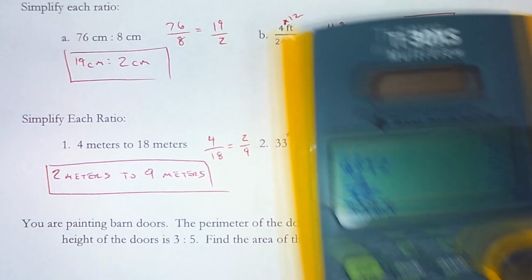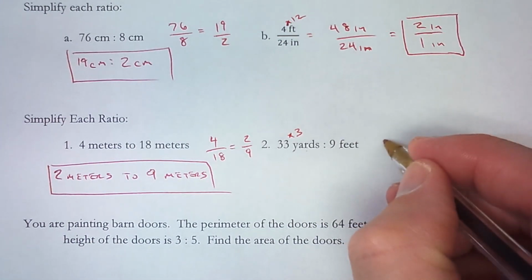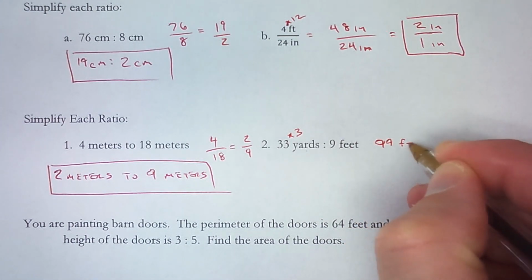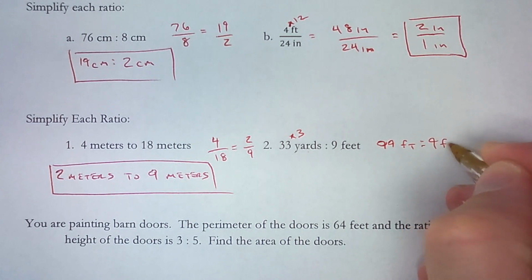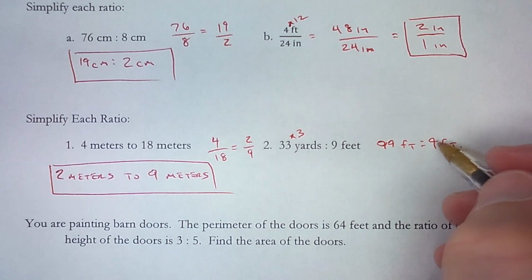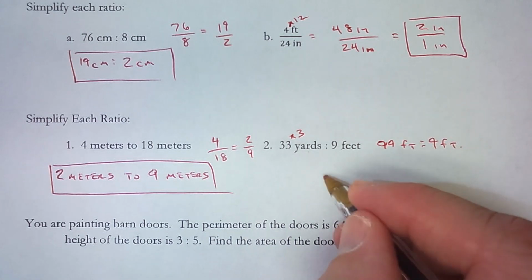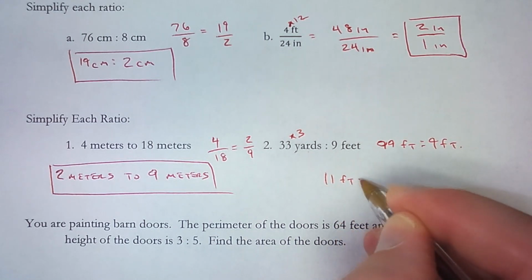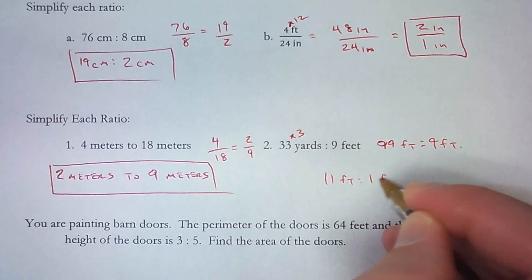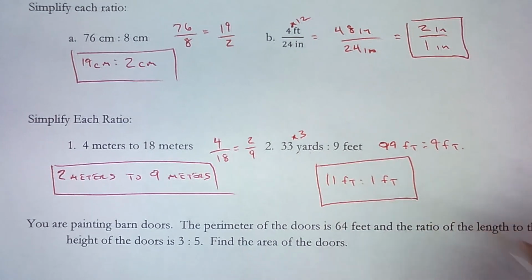So it's 99 feet to 9 feet. I can write it as a fraction, or I can just picture this as a fraction in my head. 99 over 9, that's 11 over 1. So 11 feet to 1 foot is the simplified ratio.